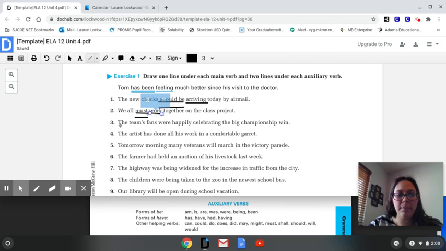And we'll look at one more. The team's fans were happily celebrating the big championship win. So what were the fans doing? I'm going to look and find my helping verb. And it is a form of be. I see the word were.